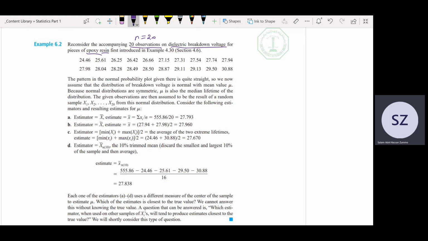Forget these details. Basically, they are taking a certain material and measuring the dielectric breakdown. The pattern is a normal distribution, so they know it has a normal probability plot. If you plot the histogram, you find that it looks normal. So we now assume that the distribution of breakdown voltage is normal.